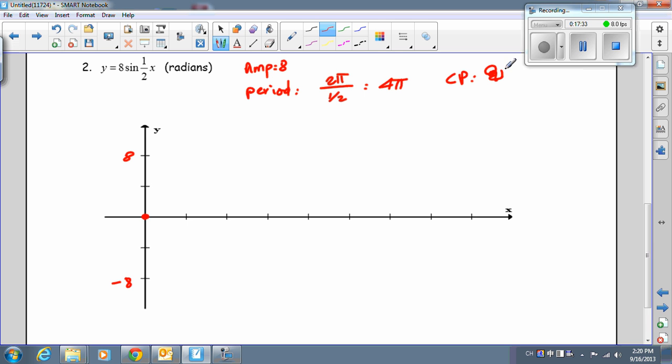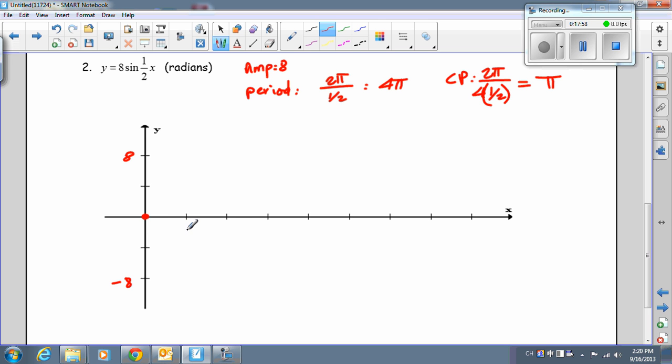Or let's just do 2 pi over 4b. 2b, I'm sorry, 4b here. I will rewrite it for you. The critical point is 2 pi over 4b. So if I have 2 pi over 4 times 1/2, that will end up being pi.